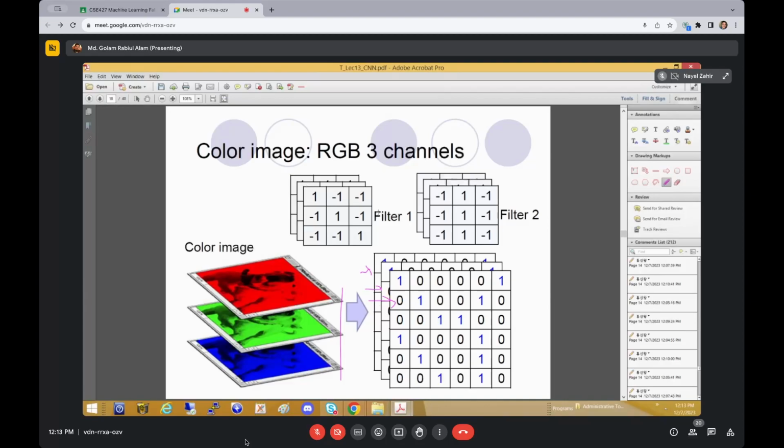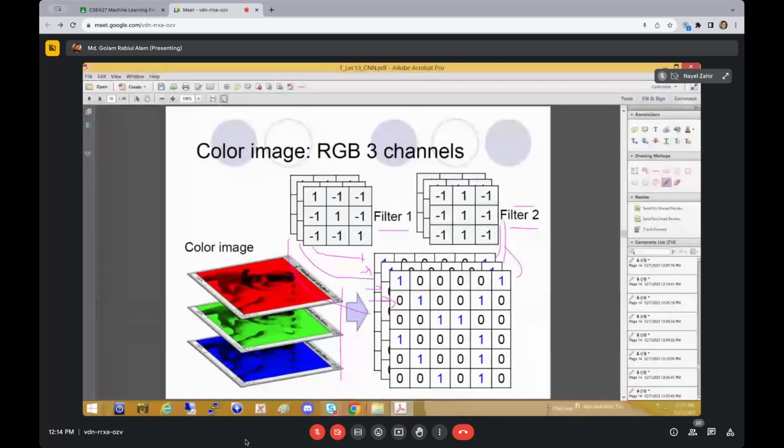Then we have filter 1 and filter 2, and we have to apply filter 1 and filter 2 to each channel. One is applied to the red channel, another to the green channel, another to the blue channel.